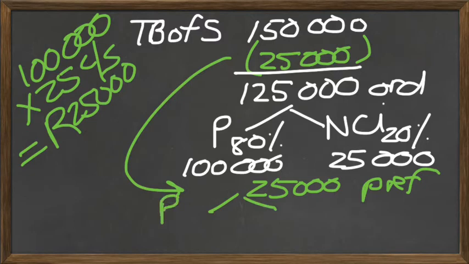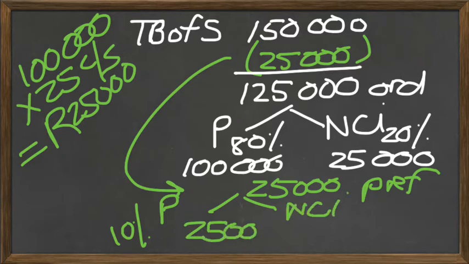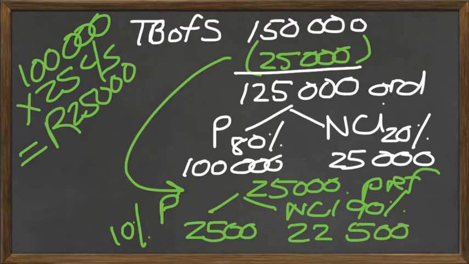Parent is now 10%, so that is 2,500. NCI in the preference shares is a 90% holding, and that's an amount of 22,500. Now I've attributed the 150,000 Rand to all the equity participants.